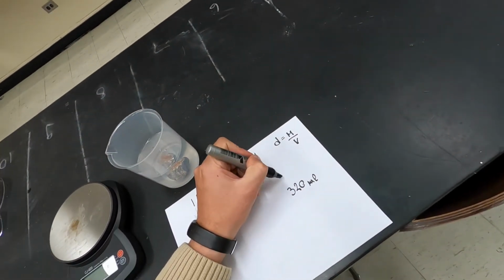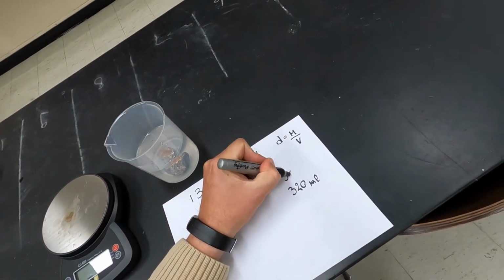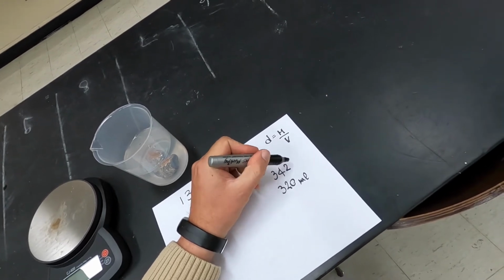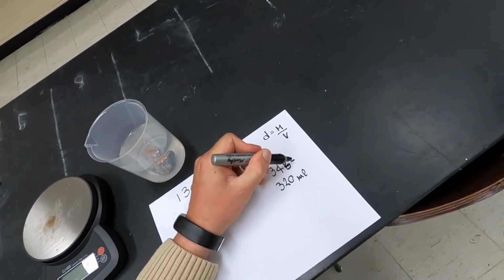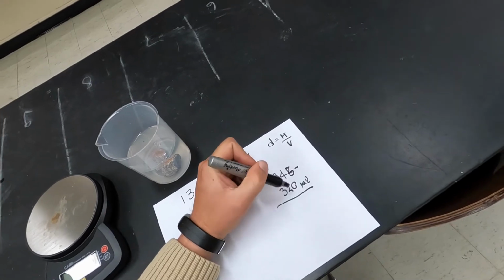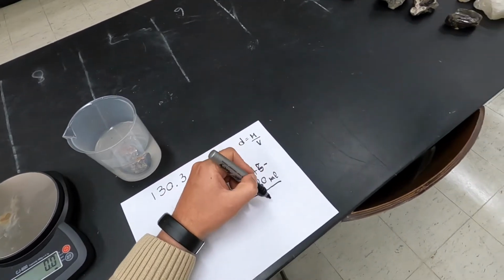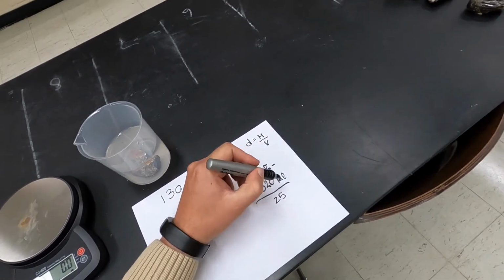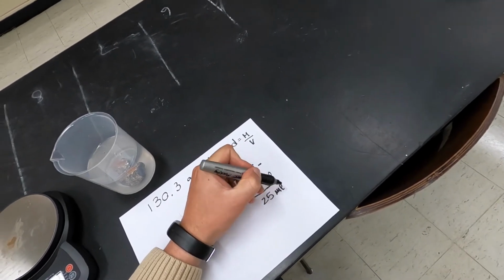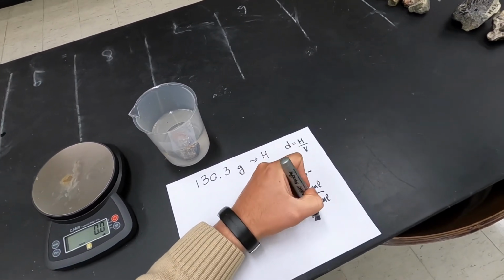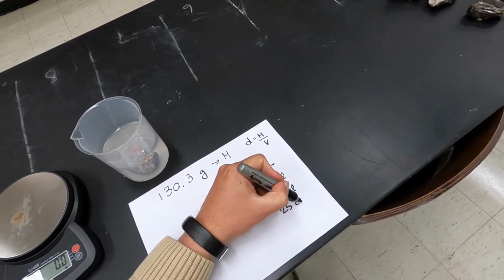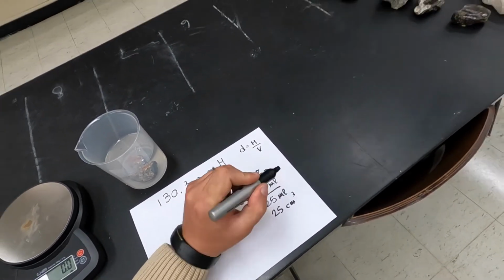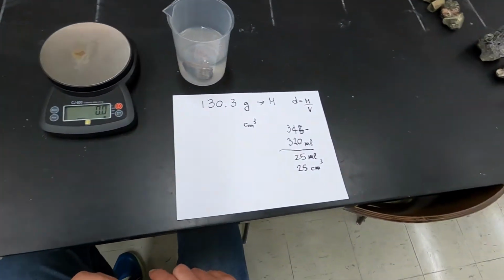So it will be 345 minus this 320, which gives me 25 milliliters really. So this would equate to 25 cubic centimeters, if I am correct.